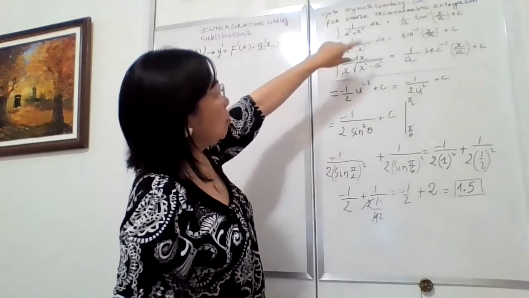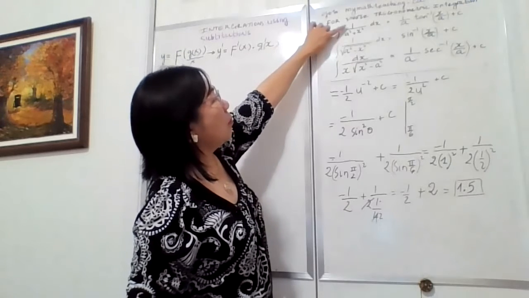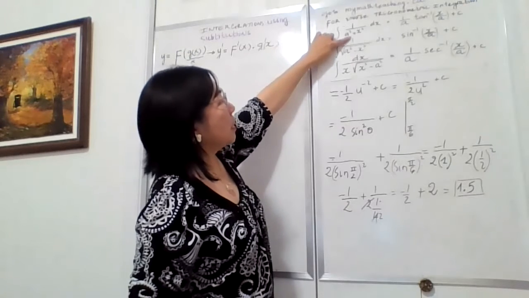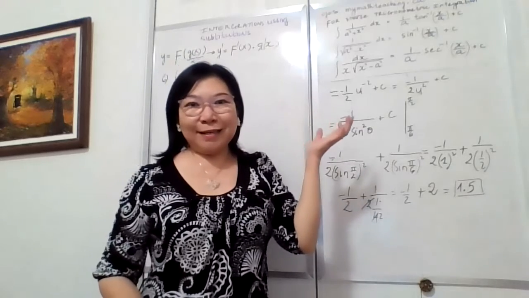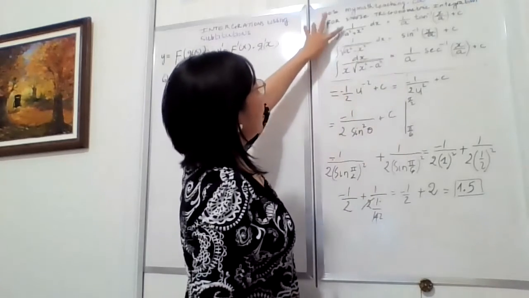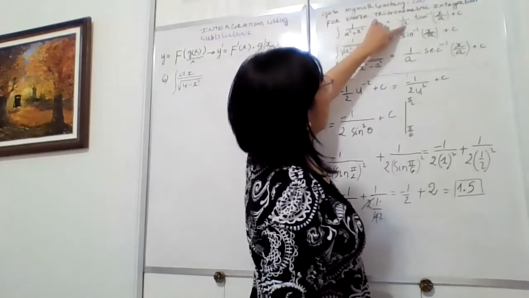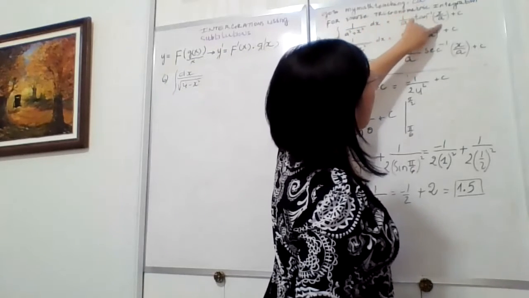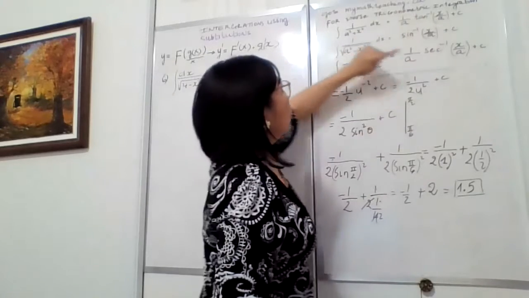For the inverse trigonometric integration, we have a formula like this. If you have 1 over a squared plus x squared dx, actually I went through this with you in the first course already. Now it's just a reminder, right? So 1 over a squared plus x squared dx equals 1 over a arctan of x divided by a plus c. Now x over a is just the angle, right?